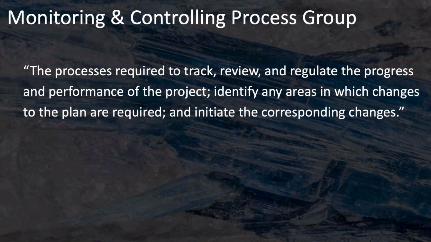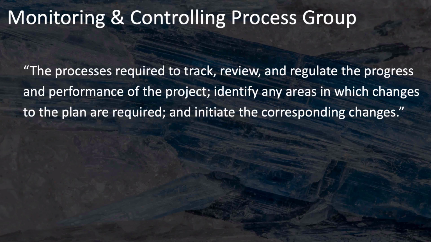The monitoring and controlling process group is defined as the processes required to track, review, and regulate the progress and performance of the project, identify any areas in which changes to the plan are required, and initiate the corresponding changes. To help you distinguish between the monitoring and controlling process group and the executing process group, notice that monitoring and controlling is not about creating the deliverables of the project that the key stakeholders are expecting.